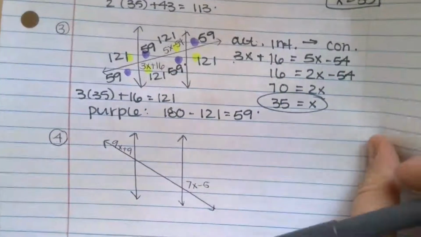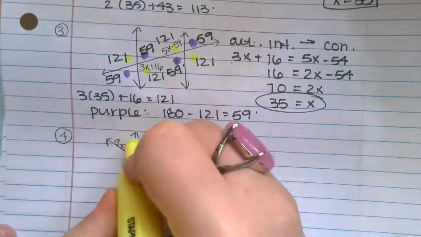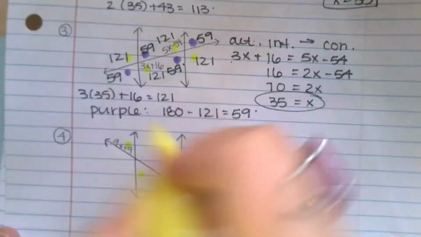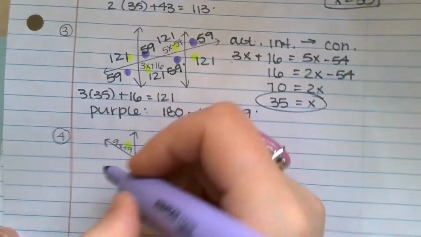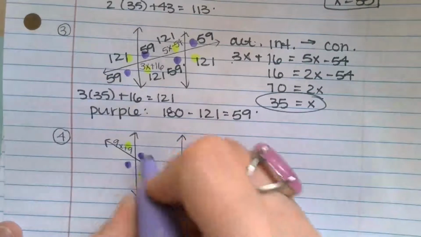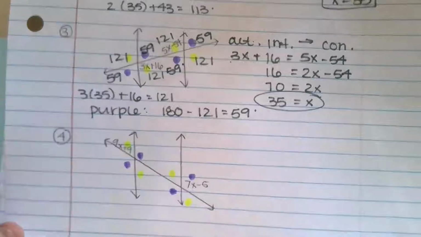The last example, and we're doing our color coding. Remember, you just zigzag across that transversal. You just bounce down and around. So if you were to connect those dots, it would look like a nice little zigzag that goes back and forth. Okay.